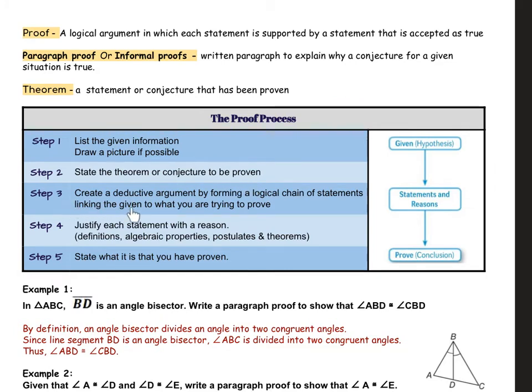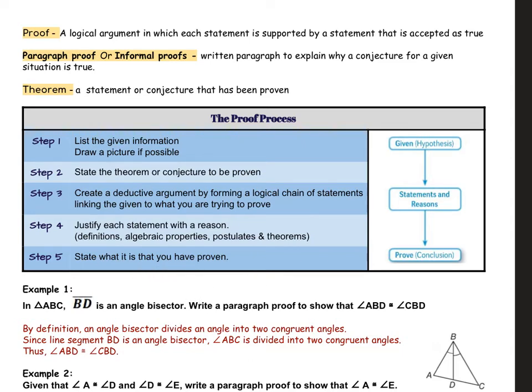Step 3 is create a deductive argument by forming a logical chain of statements, linking the given to what you are trying to prove. Step 4 is to justify each statement with a reason. And so the reasons could be definitions, algebraic properties, postulates, and theorems. And then step 5 is to state what it is that you have proven.